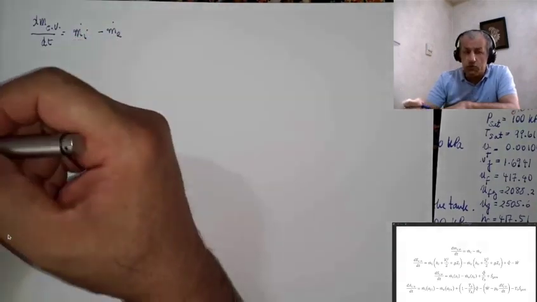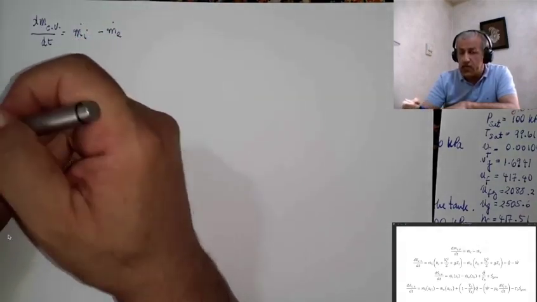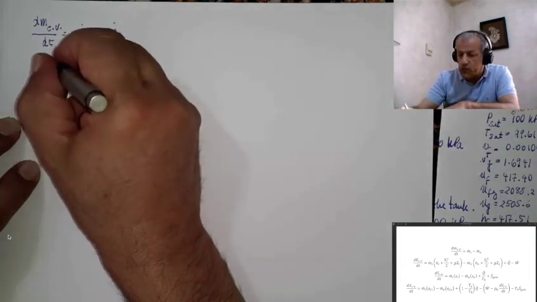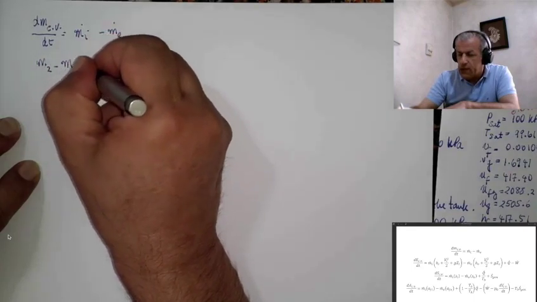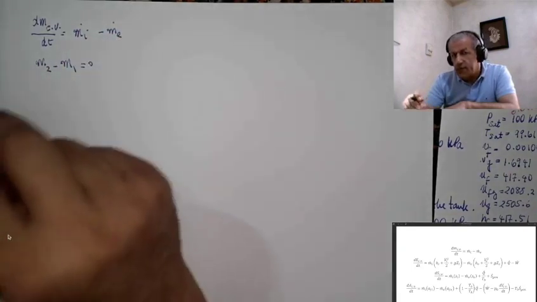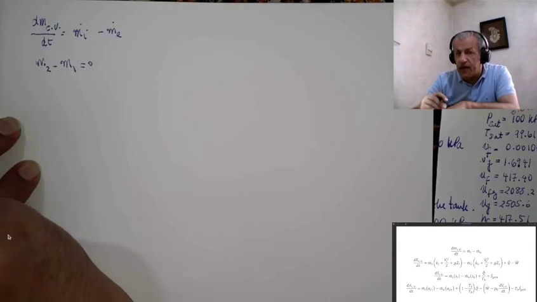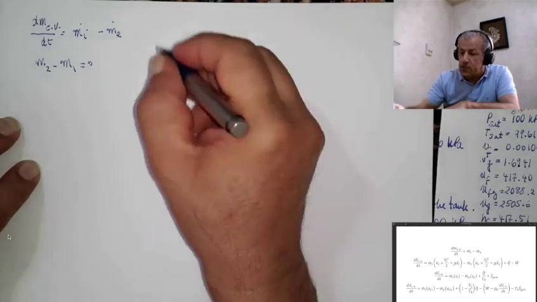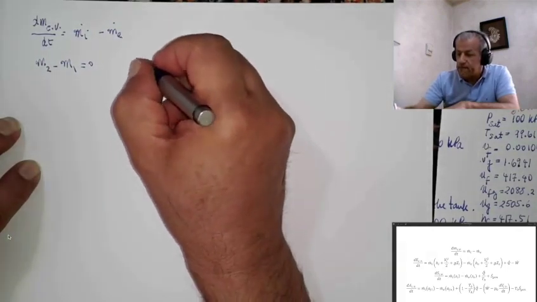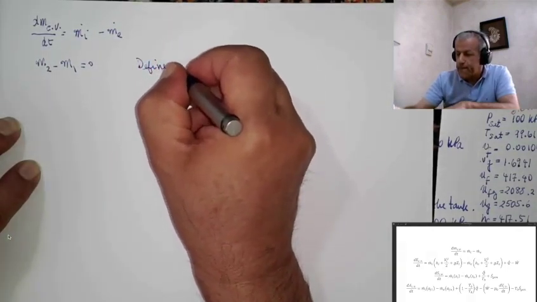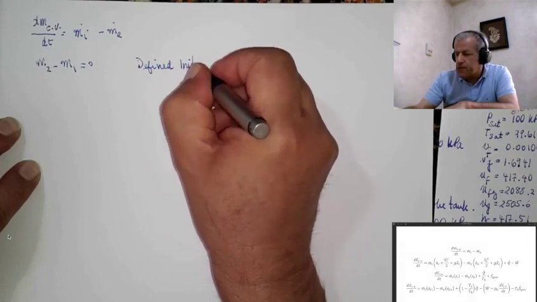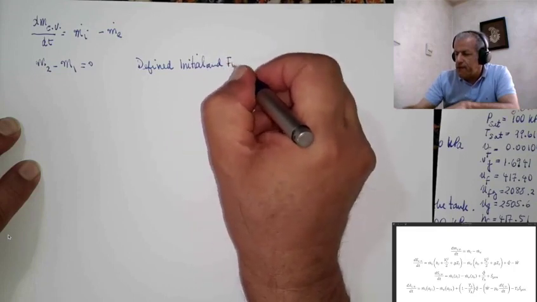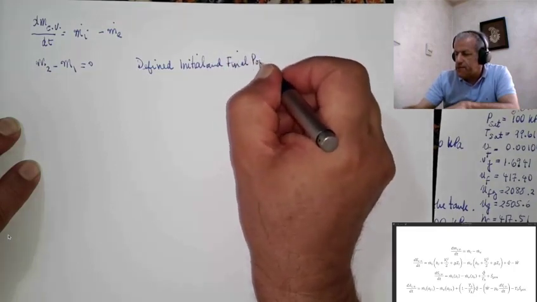And therefore, there should be, for the process, an initial and final point. So we say M2 minus M1 equals 0. So this is a process between a defined initial point and a defined final point.